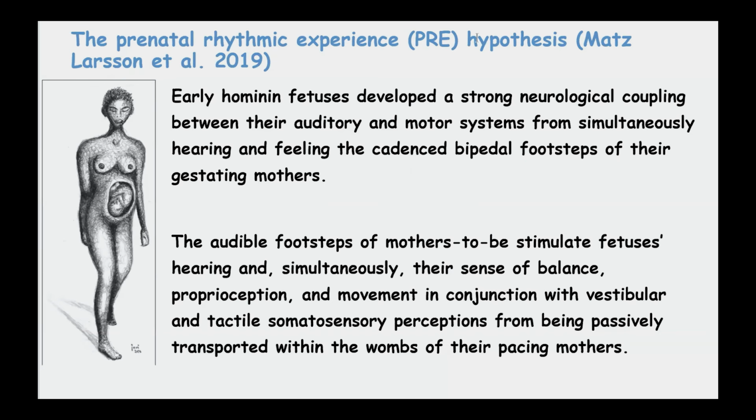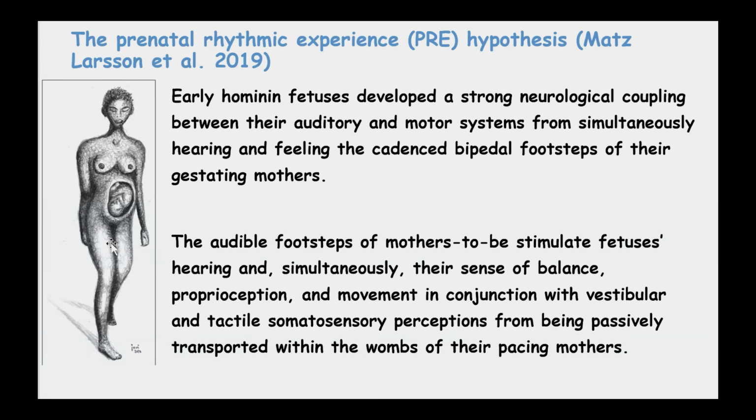And so my colleague Mats Larsson actually came up with a prenatal rhythmic hypothesis in 2019, which is very important for asking, how did we get the ability to keep a beat? He suggested that pregnant hominin women who walked bipedally, which we see evolving very gradually, walked in a new way, where the footsteps produced a beat.